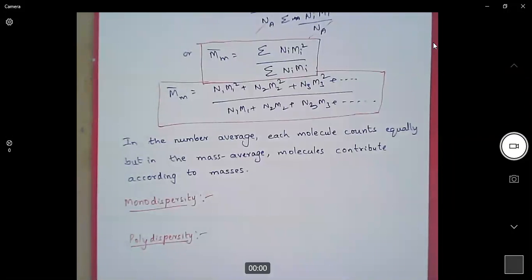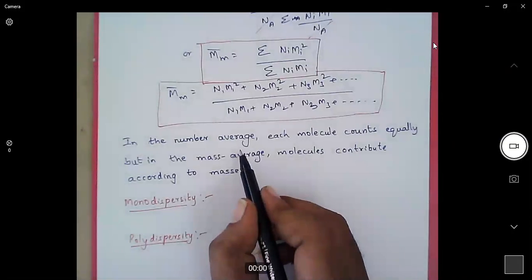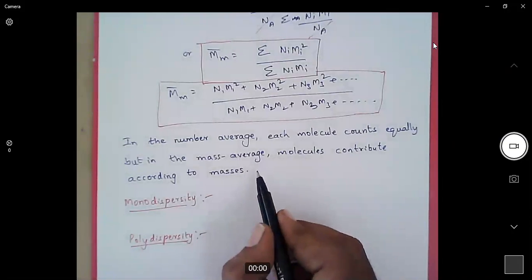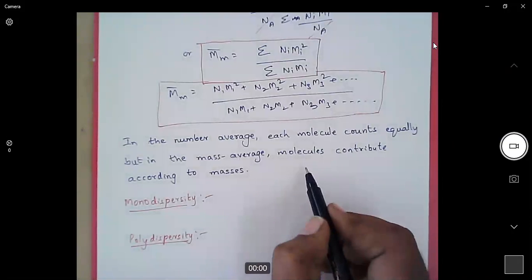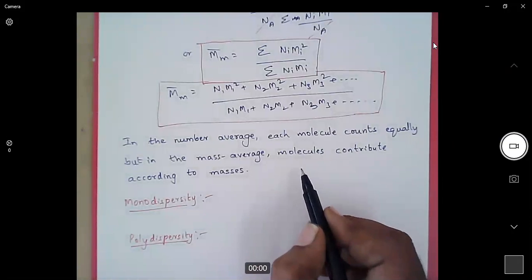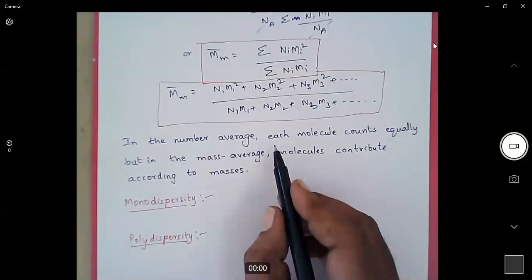The difference between number average molar mass and mass average molar mass is that in the number average, only the number is taken into account: how many different monomers are there. But in mass average, the molecules will contribute according to their mass. Some monomers may have low molecular weight, some may have high molecular weight. In the number average, it only considers the number.